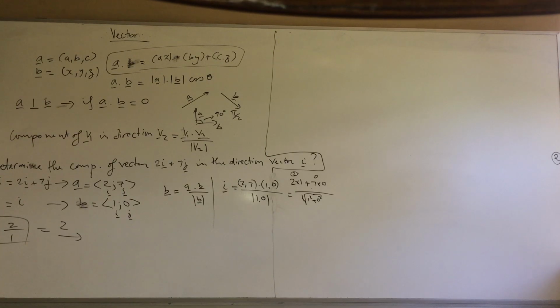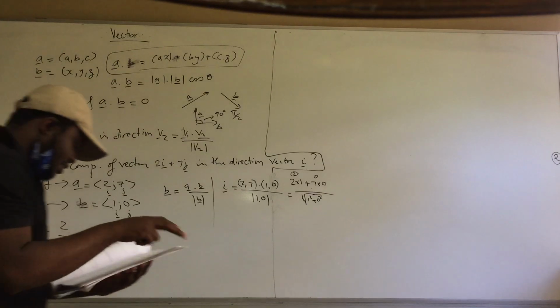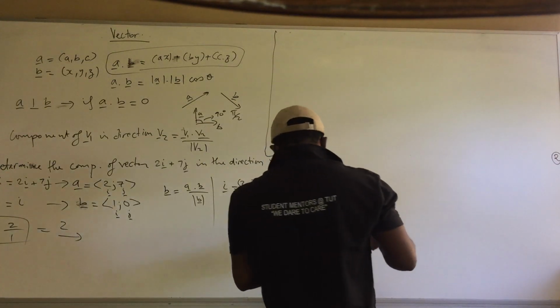Question 11. Let's see question 11. Question 11, it says, they give you two vectors.